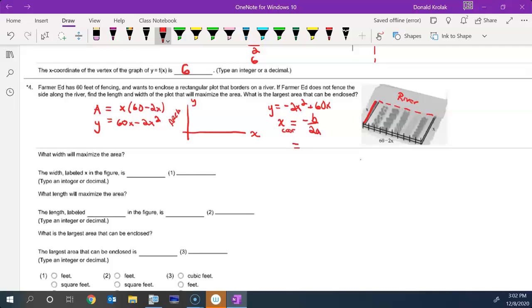So b in our case is 60. A is negative 2. Okay, so the opposite of 60 divided by 2 times negative 2 gives me a width of 15. All right, so this part of the figure is going to be 15.